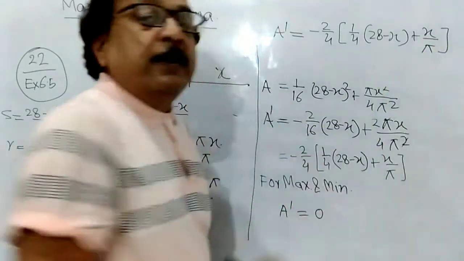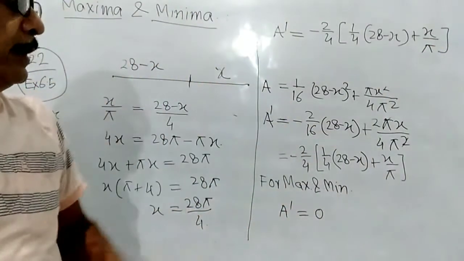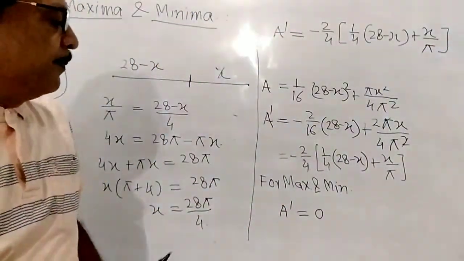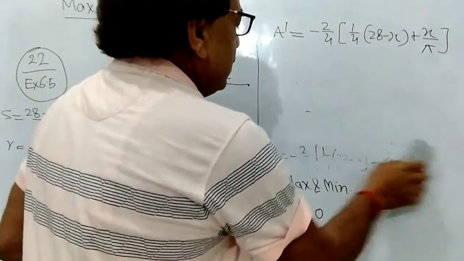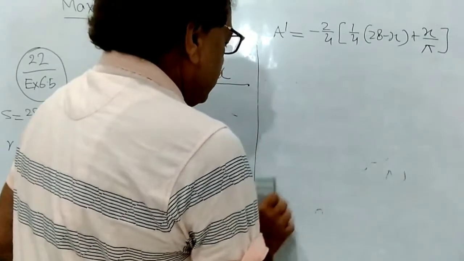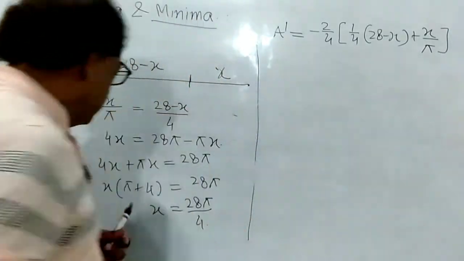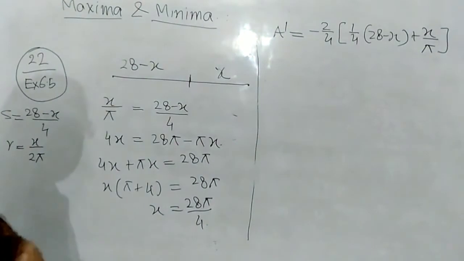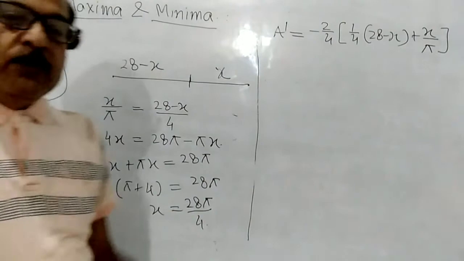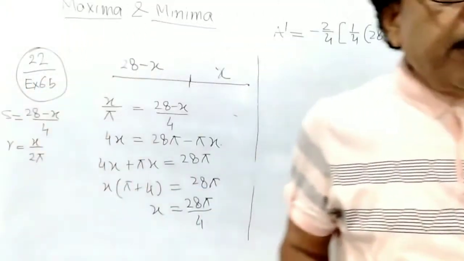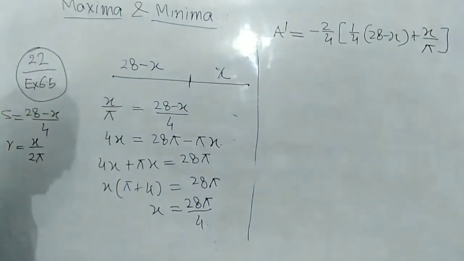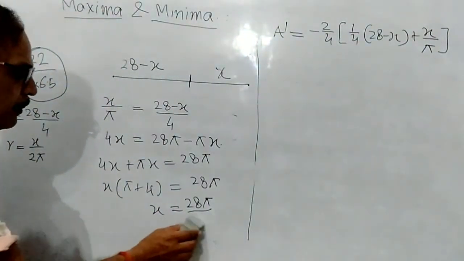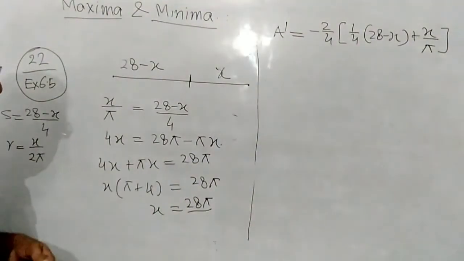So this will be the A dash. So now for this is the first side at x equal to 28π upon π plus 4.